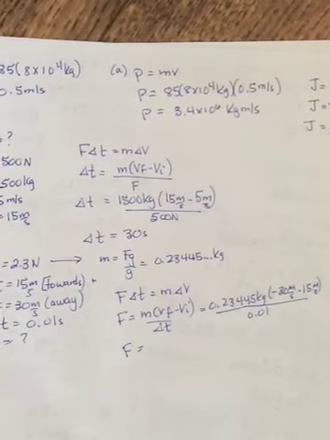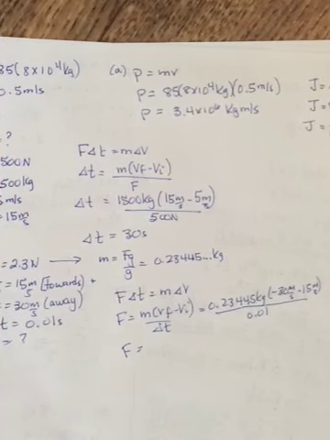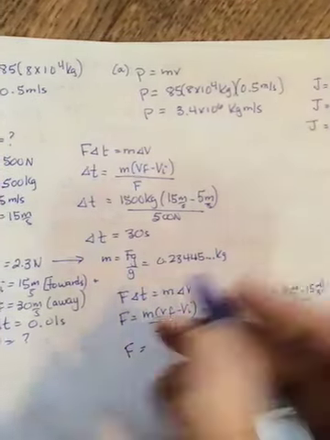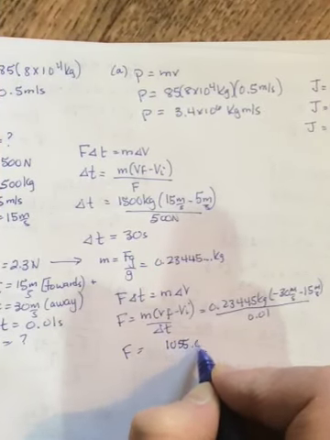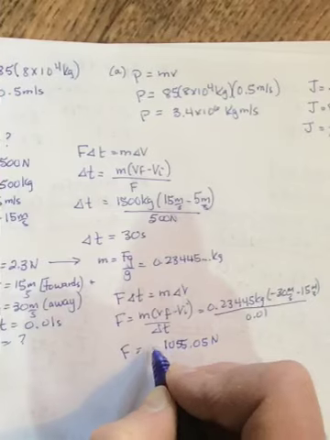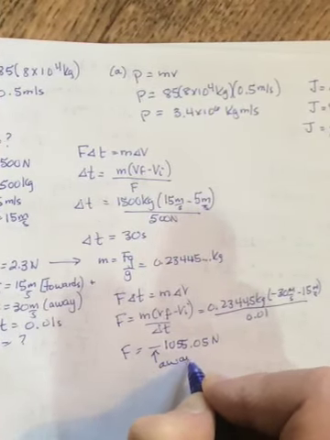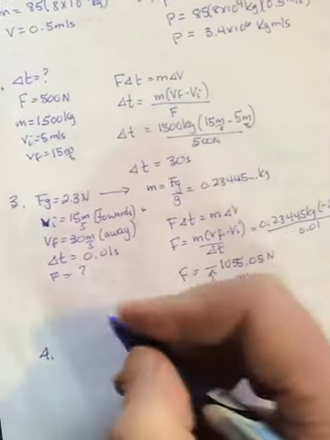And when you do that, so what's that, negative 45 in the brackets, divided by 0.01, you should get 1,055.05 newtons. And it works out to be negative, which means for us away. If you called your directions opposite, it would work out to be positive. It would still mean away.